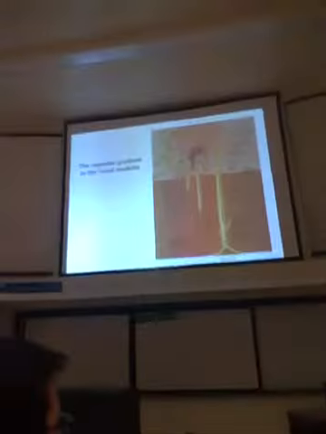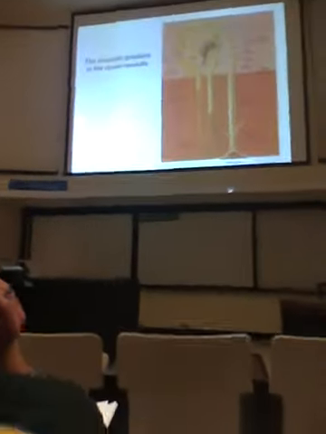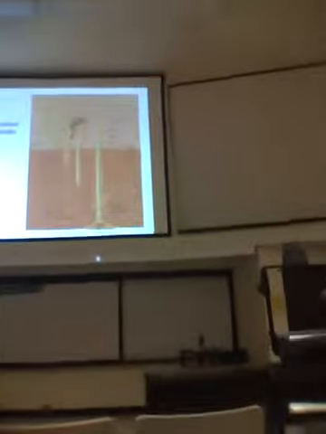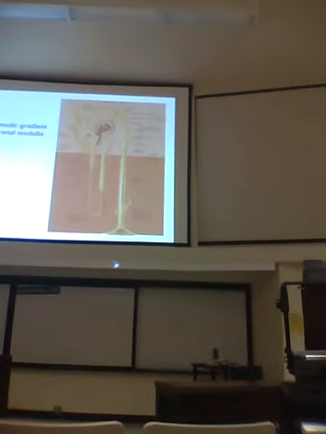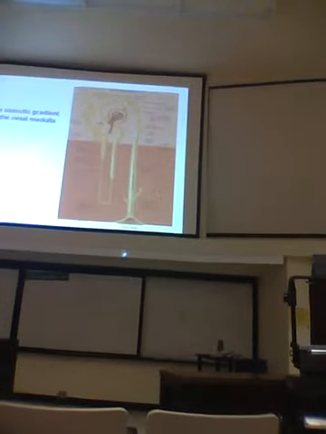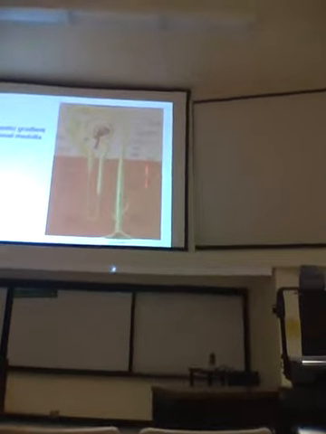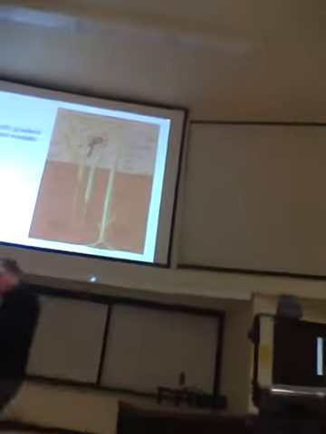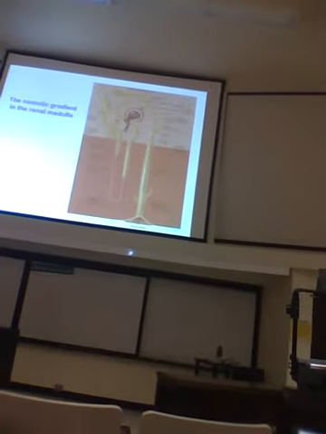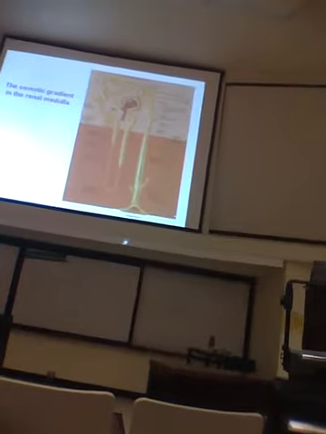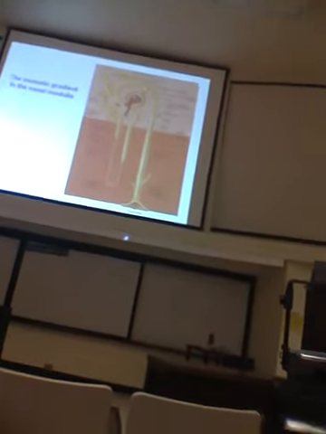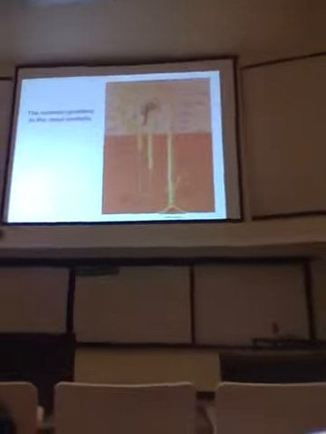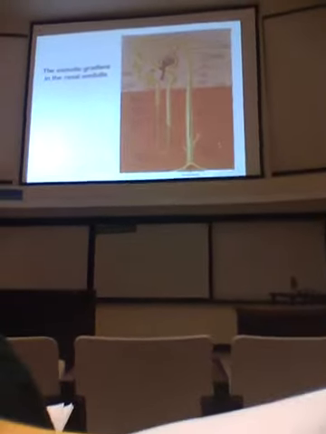That is meant to illustrate the fact that the extracellular fluid in here is much more concentrated in sodium chloride than out here. So there's a gradient in the kidney from the cortex to the medulla of increasing sodium chloride concentration. Ooh, haven't mentioned that before. And this is called the osmotic gradient in the renal medulla.